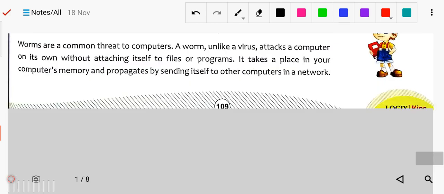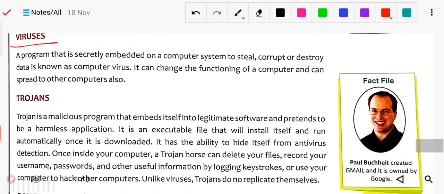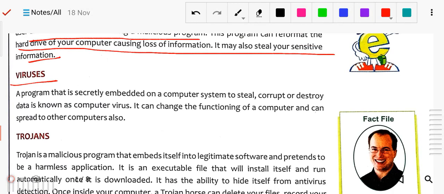So it is very harmful, okay, and very powerful also in destroying your computer. It can replicate, meaning it can generate more of the same kind. It is also very infectious, meaning it can travel from one computer to another through a pen drive, through the internet, or through any media, and go to others' computers also.